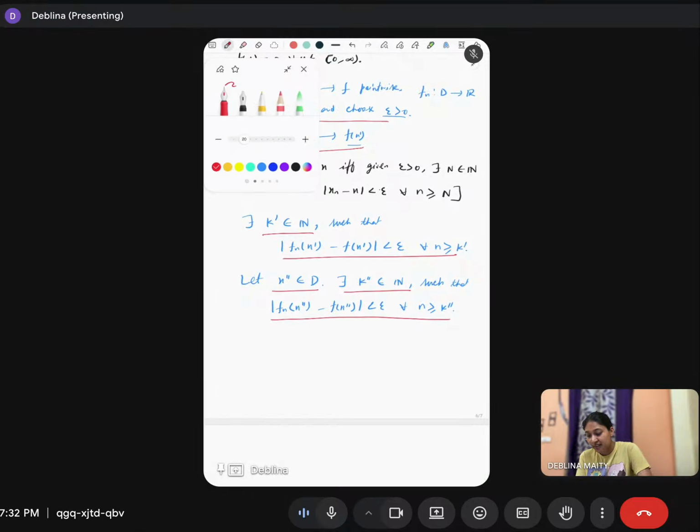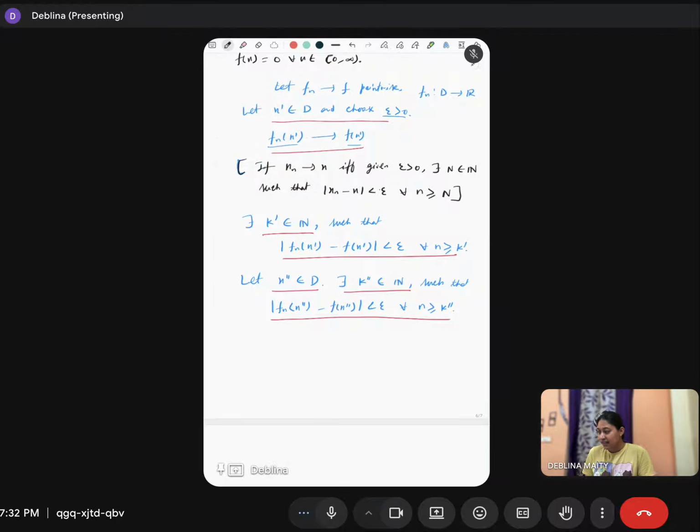Now our aim is: does there exist, for a given epsilon, a uniform K for which this happens for all x?